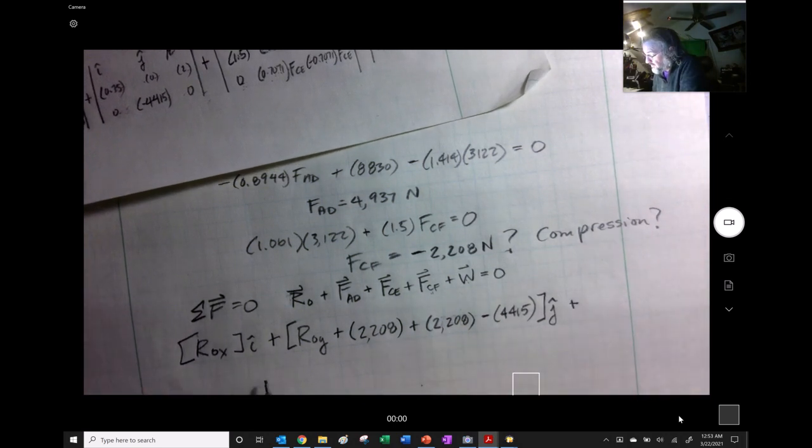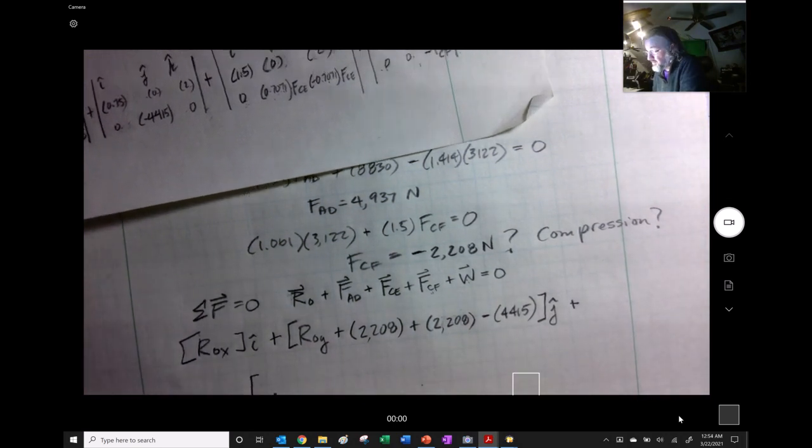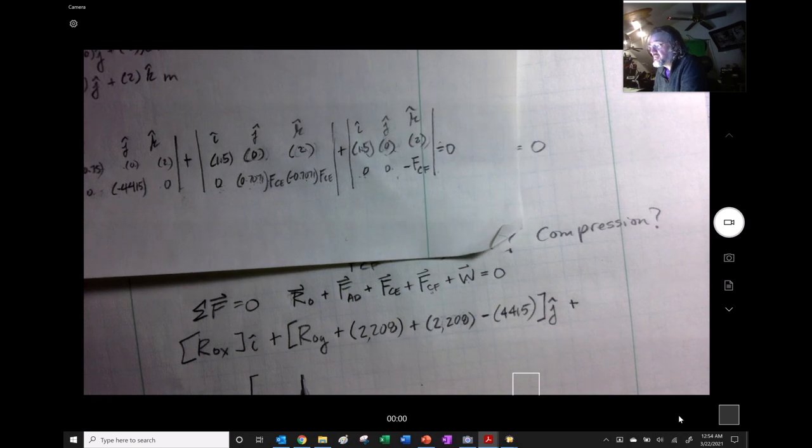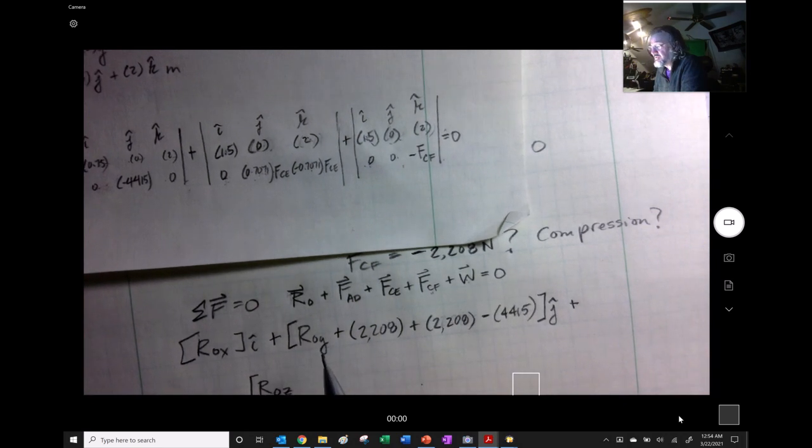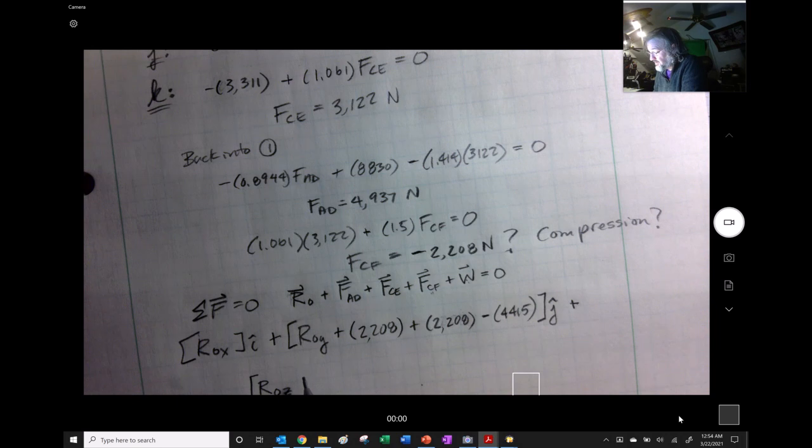And then let's come out in the Z direction right here. We got all kinds of things in the Z direction. Okay, it makes sense, I guess. Now that I'm looking at the thing, the thing has to be in compression.